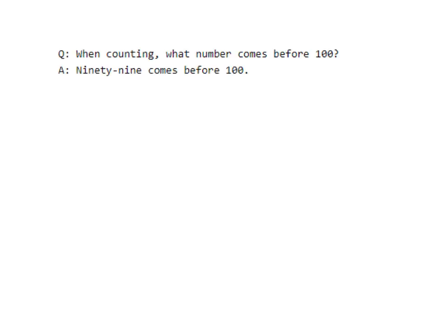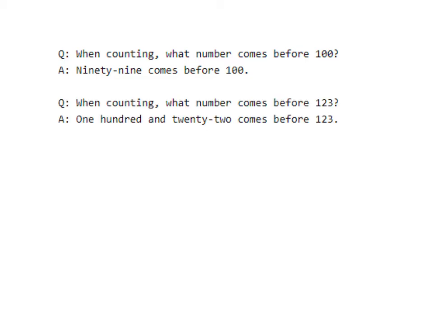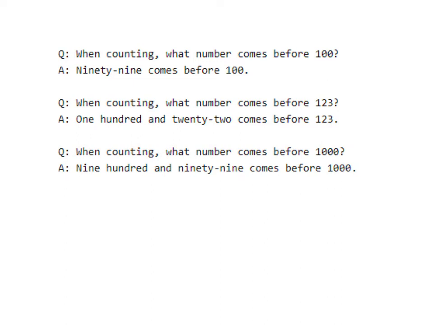Given the question, when counting, what number comes before 100? It can answer 99 comes before 100. When counting, what number comes before 123? 122 comes before 123. What about what number comes before 1,000? 999 comes before 1,000.